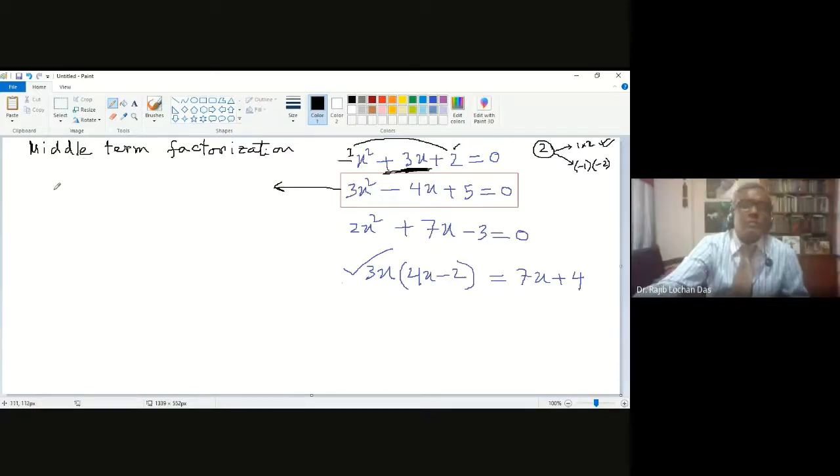What will be the numbers then? If it is 3x square, then the middle thing will be separated, and last thing is plus 5, it is already there, so equal to 0 is already there. So how can you separate the middle one?